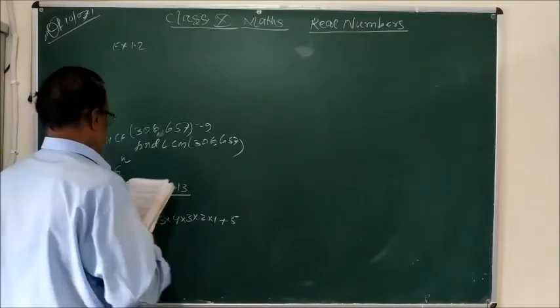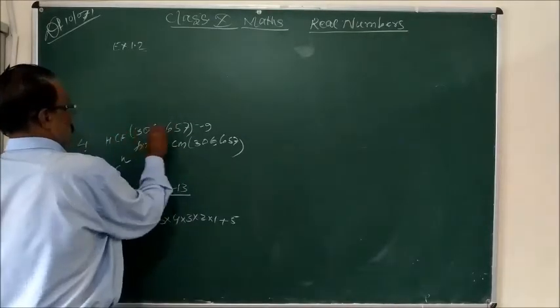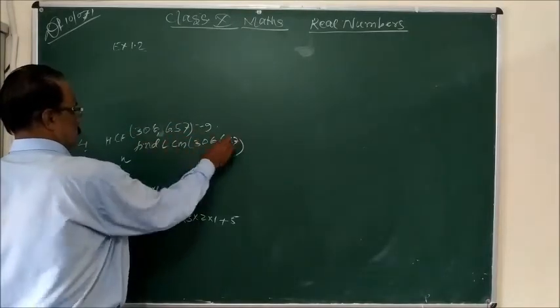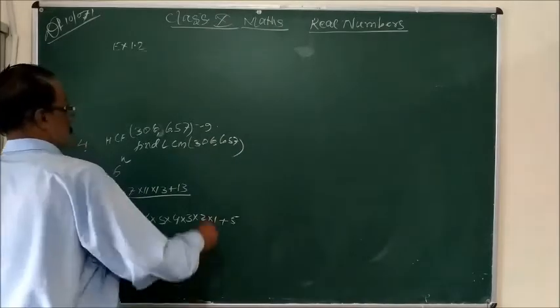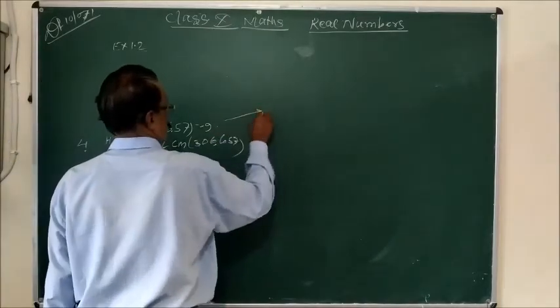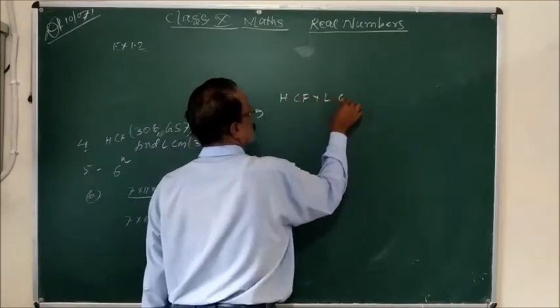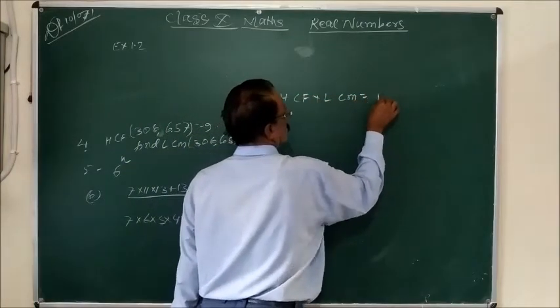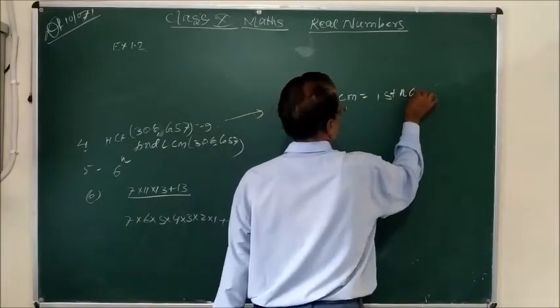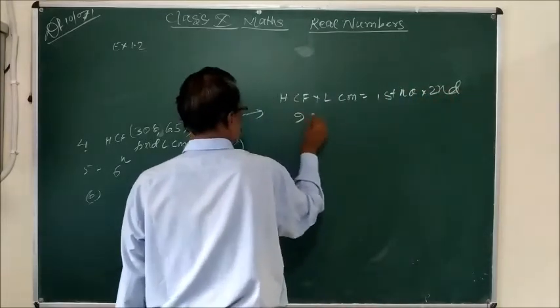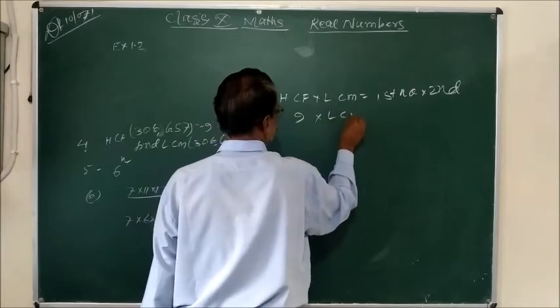Now you see, the HCF of these is 9, and you have to find the LCM of these two numbers. So you solve by that rule: HCF into LCM is equal to first number into second number. HCF is given as 9, and the LCM you have to find.